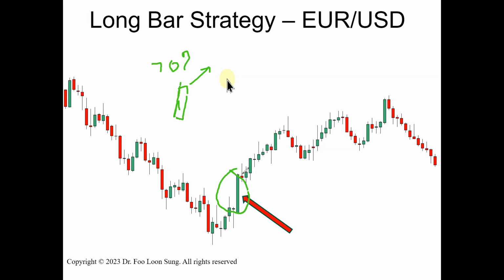And true enough, next candle. And the whole idea of this strategy is once you spot a long bar, you put in a long trade, put your stop loss, and you just ride. So that's a long bar strategy.